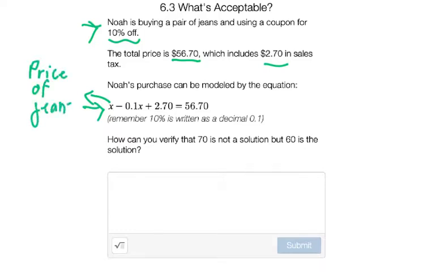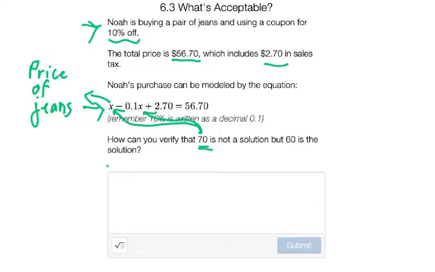All right, now, price of jeans. Now they're asking us to verify that 70 isn't a solution, but that 60 is. So remember what we did. What does a solution mean? That means I can substitute in every place I see an x, I'm going to put in 70.